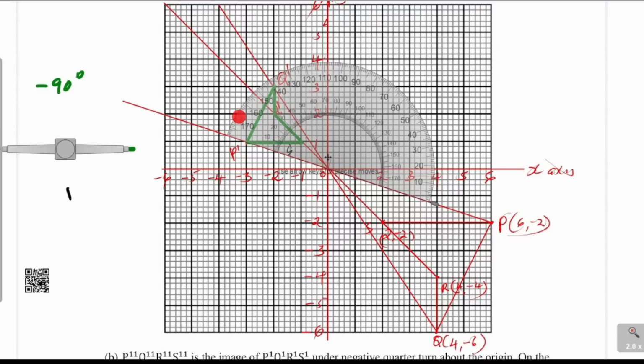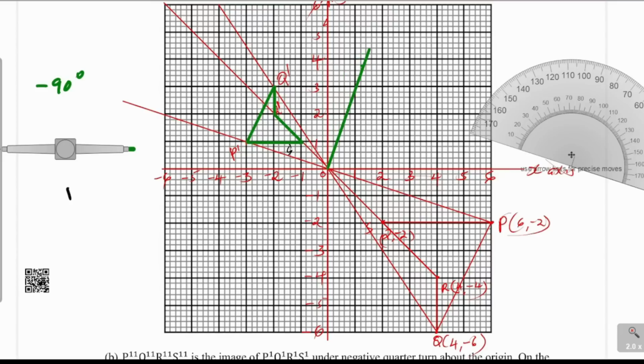You measure the angle from this point in the clockwise direction, and you get 90 there. That is how you draw the straight line. Let me mark that point. Yes, that is 90 degrees.